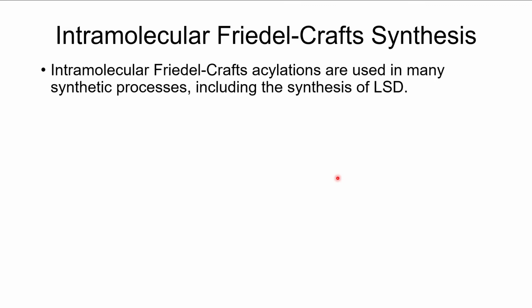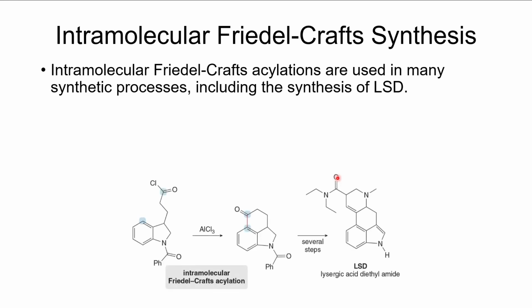All right, you can use this for all kinds of examples, and it seems like I give so many examples where it's the synthesis of illicit drugs, and so here is another illicit drug, LSD. If you start with this compound, you can do the aluminum chloride.